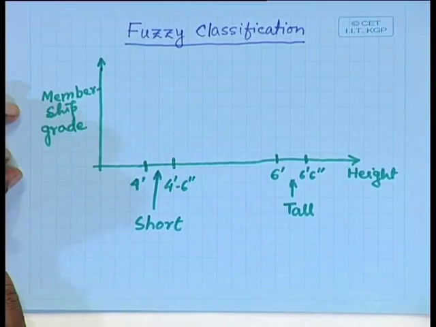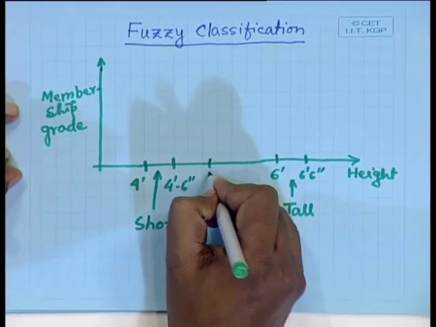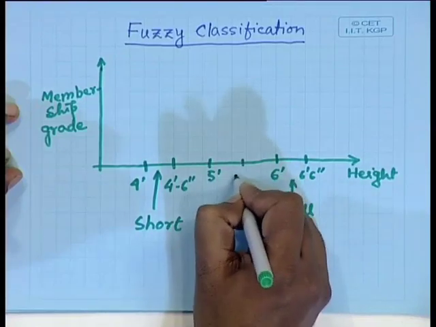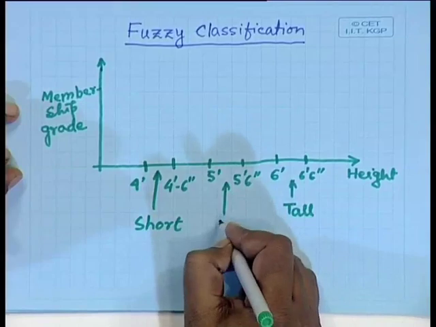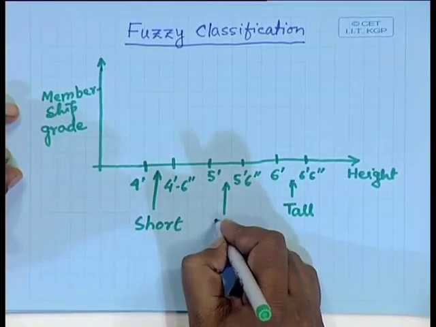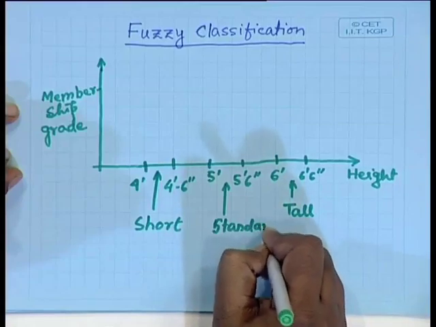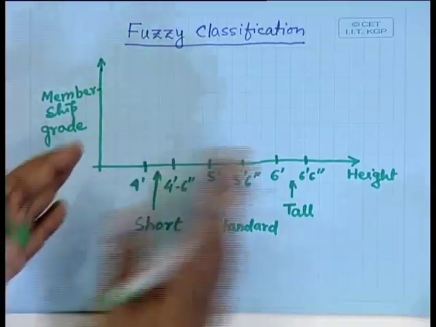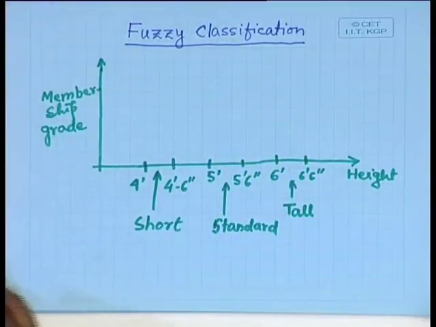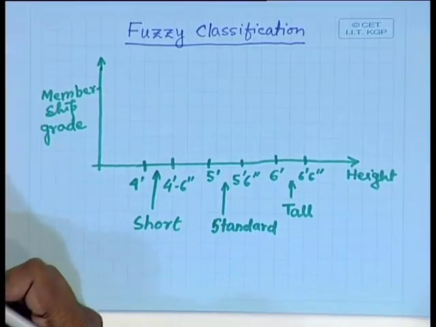And somewhere in between, say 5 feet to 5 feet 6 inches, we say that is medium or standard, because in India most of the persons are within this category, 5 feet to 5 feet 6 inches. So, I can take this as standard or medium.